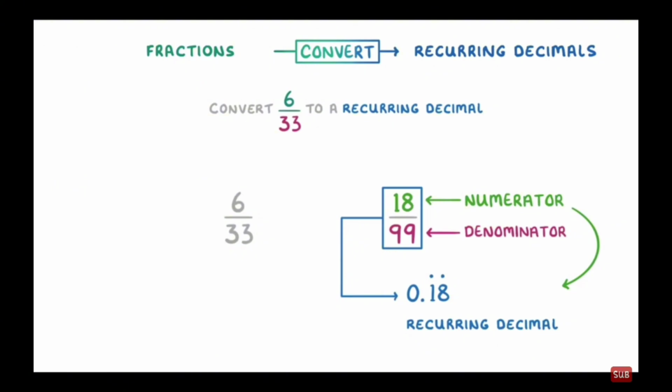One important thing to know about this rule though, is that the numerator and the denominator have to have the same number of digits. So in this example, where 18 and 99 both have 2 digits, it all works just fine.